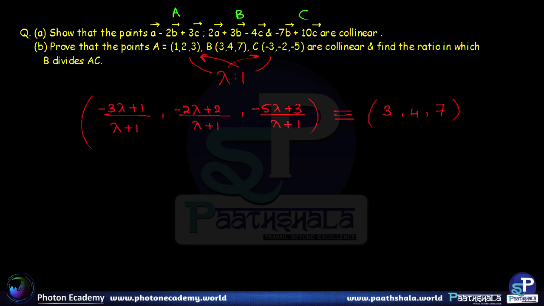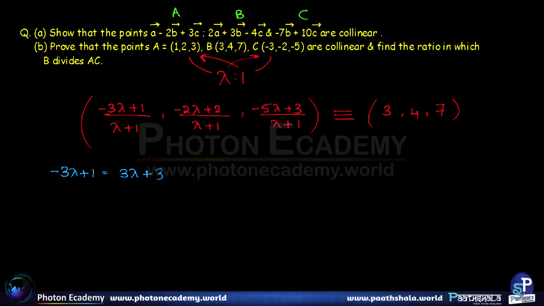Now let's equate the x coordinate. So minus 3 lambda plus 1 is equal to 3 lambda plus 3. So this will become minus 6 lambda is equal to 2.